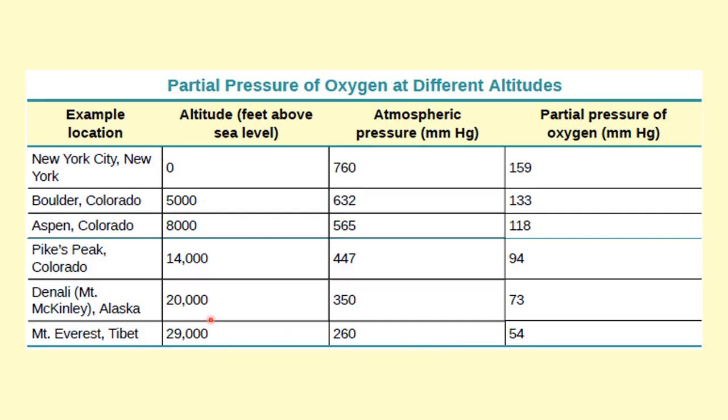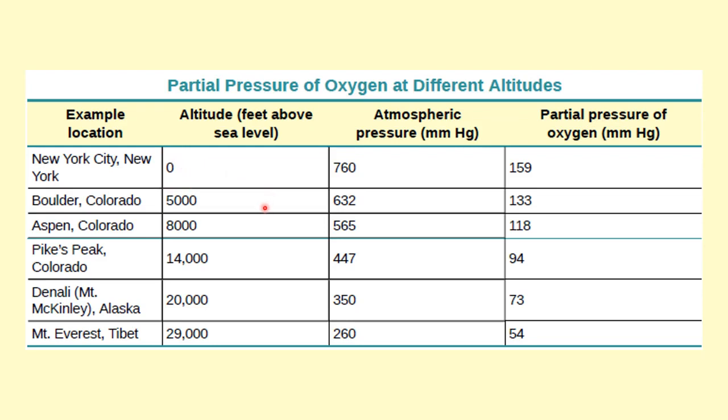And this just shows the altitude. So New York is at sea level. Places like around Houston, around Louisiana. New Orleans is actually below, the city of New Orleans is actually below sea level.